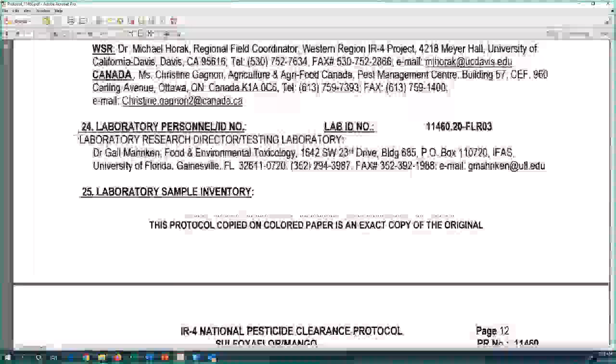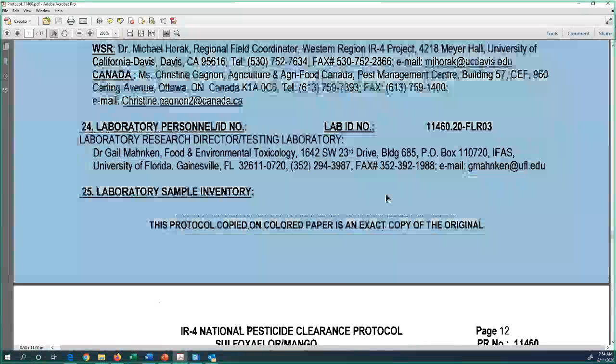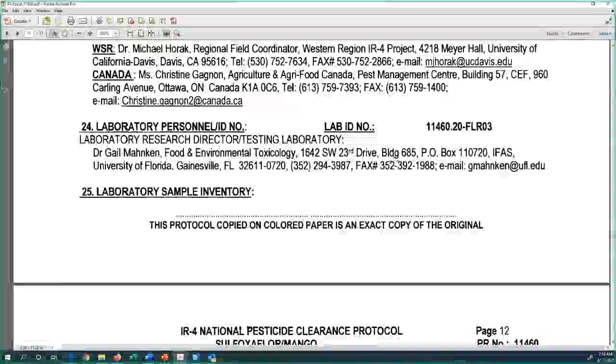From now on, from 24, these are all lab, which we need to read carefully and make sure all the requirements are there. We understand and follow the requirements. In this part you have the laboratory ID. That's typical. It depends on your system.